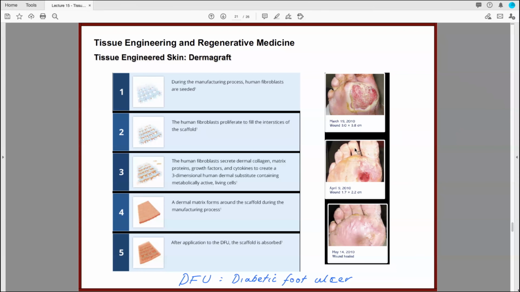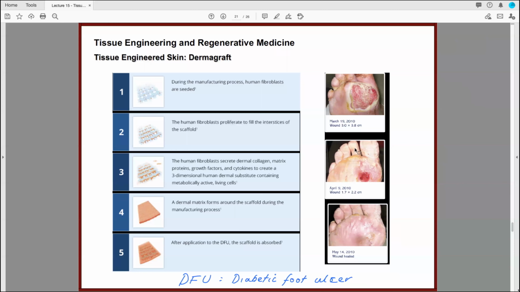Then this three-dimensional human dermal substitute contains metabolically active living cells. That dermal matrix forms around the scaffold during the manufacturing process, and after application to the diabetic foot ulcer, the scaffold is absorbed.